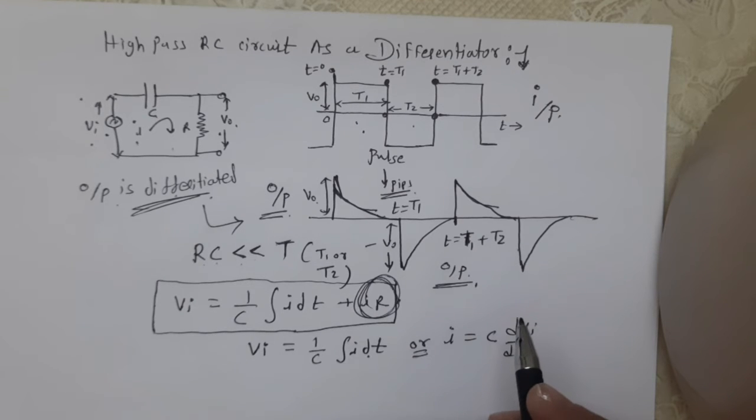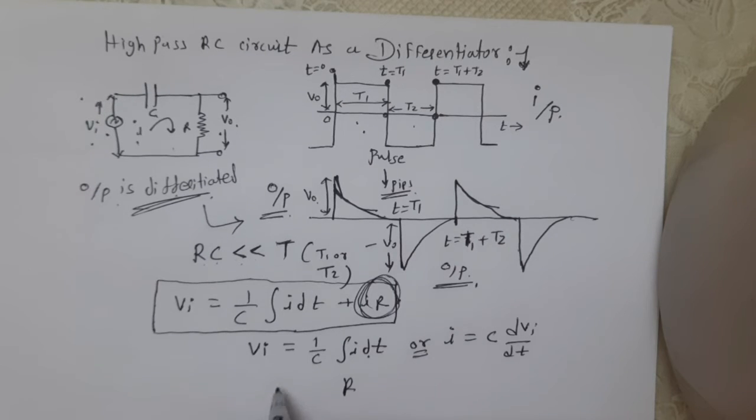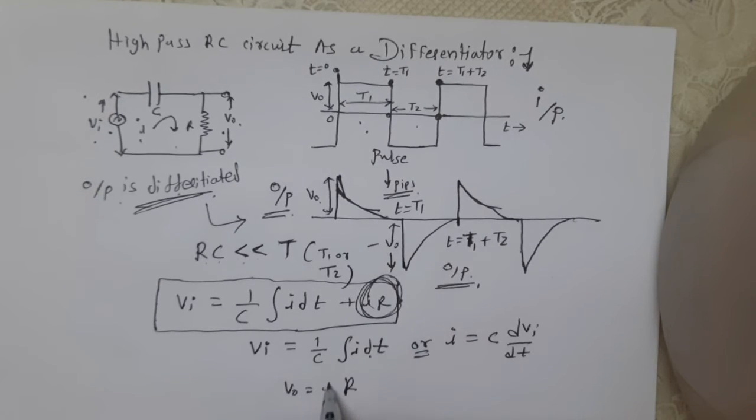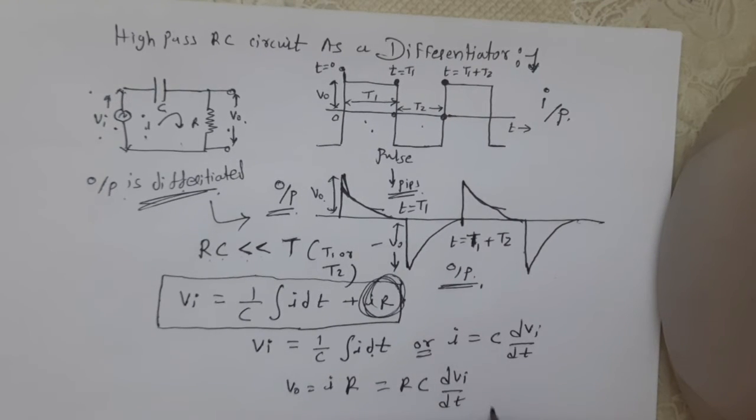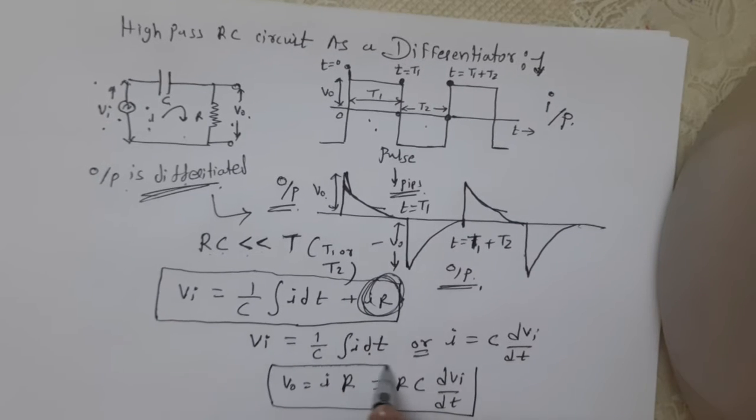Therefore the output voltage across R is Vo is equal to IR, which is equal to RC dVi by dt. This is our final equation.